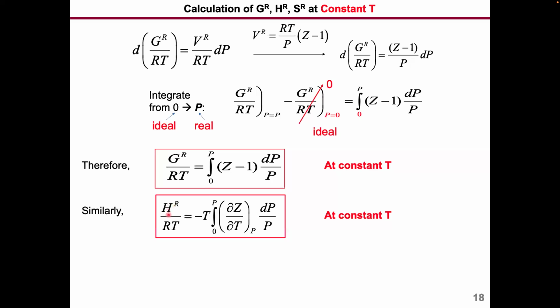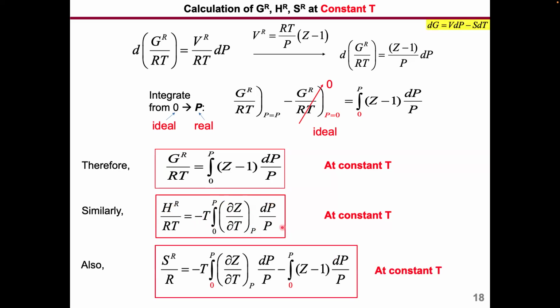In the end, HR divided by RT is minus T times the integral from 0 to P of partial Z partial T, holding P constant, dP divided by P. And also, SR divided by R is going to be minus T times the integral from 0 to P of partial Z partial T at constant P, dP divided by P, minus the integral from ideal state to real state of Z minus 1 dP divided by P. We're combining these two terms for S.